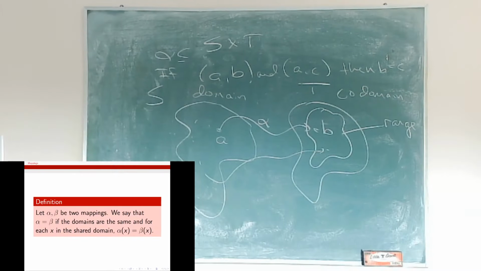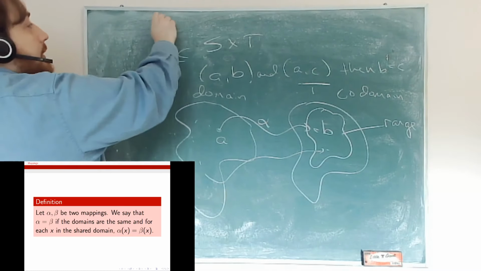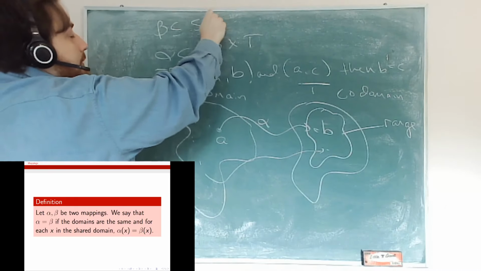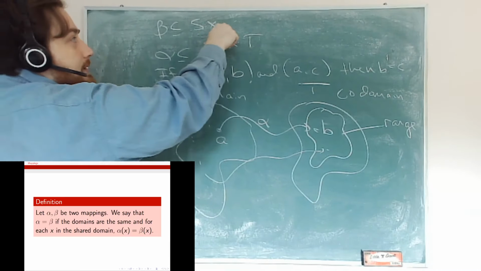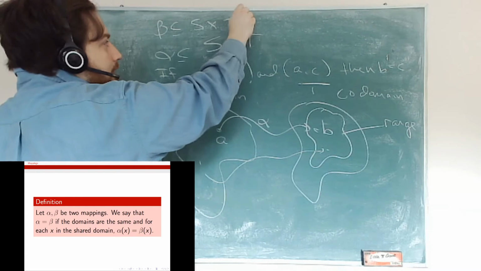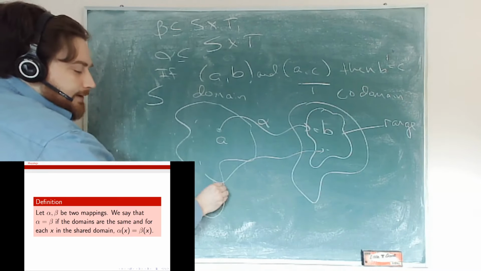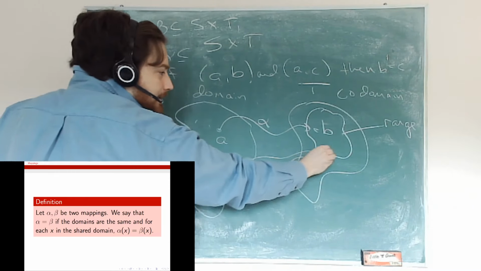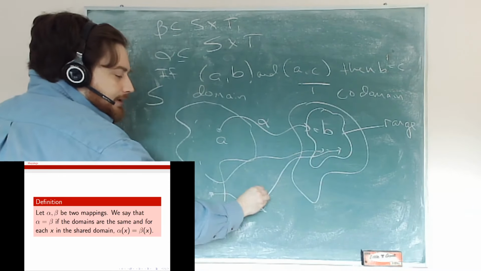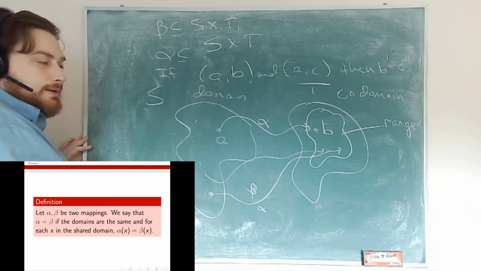So if we go back to our picture up here, the idea would be that if I have a beta, it could be a subset of S cross something. It doesn't necessarily have to be T, so let's call it T1. But the idea is that if I pick anything in here, and I map it to here through alpha, I'm going to get the same answer as if I map it to beta.